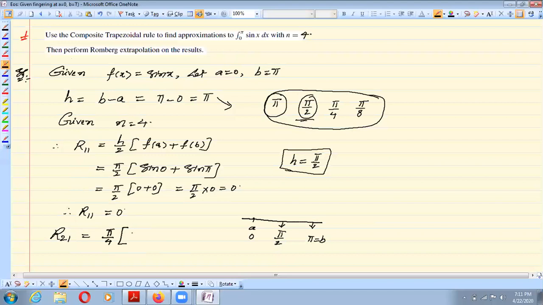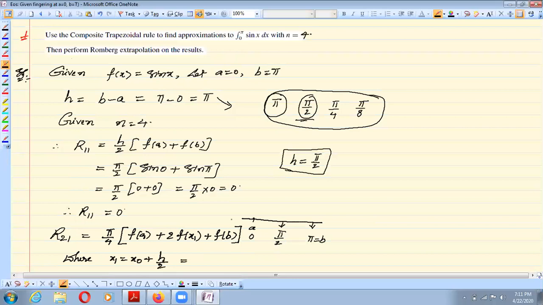into f of a plus 2 into f of x1 plus f of b, where x1 is equal to x0 plus h by 2.